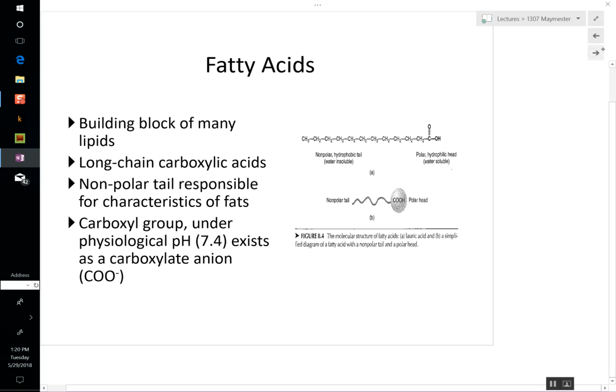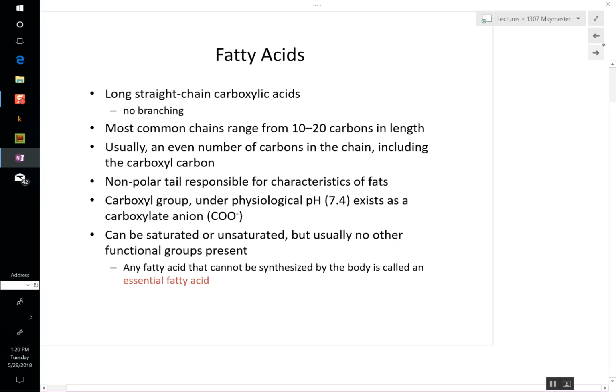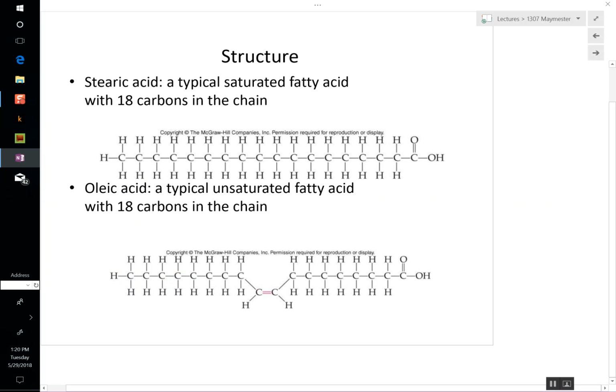All right, so let's look at these melting points. So here's stearic acid, oleic acid. These are 2 back in chapter 14. I said, learn the structures of these 2.